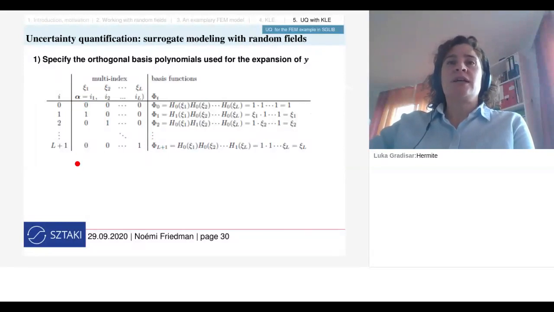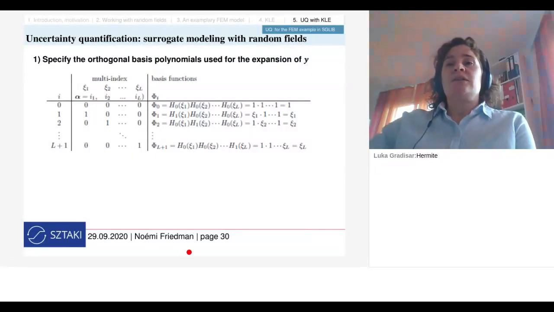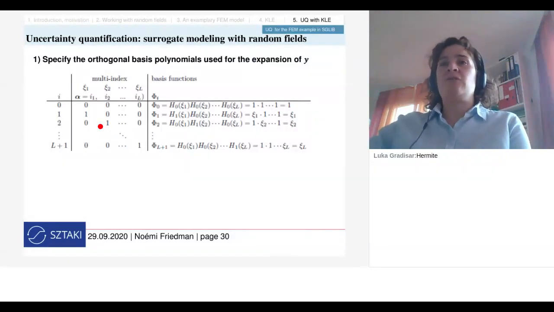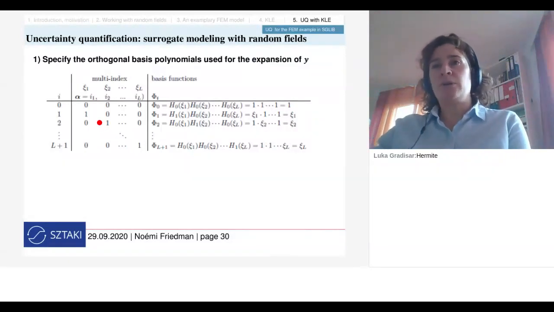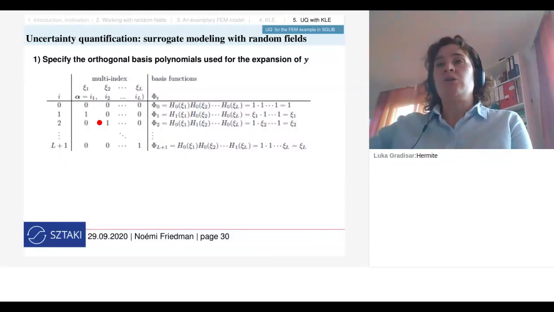And in order to do that, I define some multi-index set. And you can see that I only have a linear set of basis functions. We chose to do that because we could only afford a very, very low number of calls to the deterministic solver.